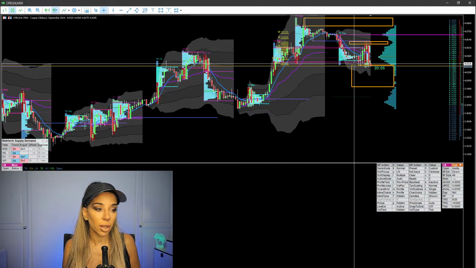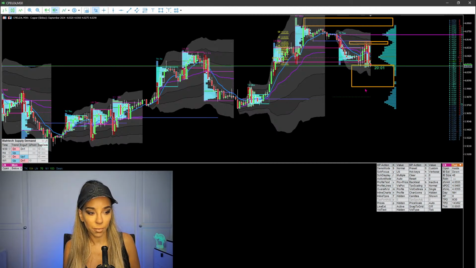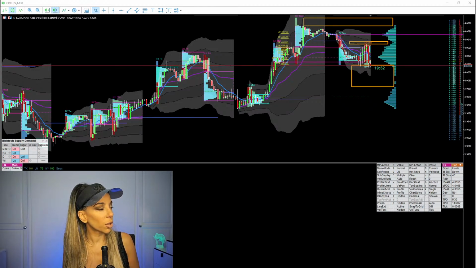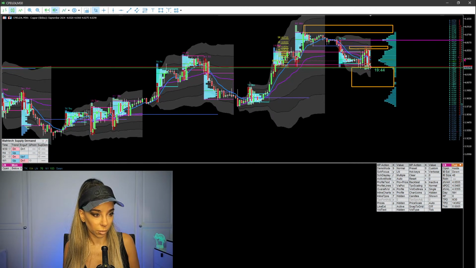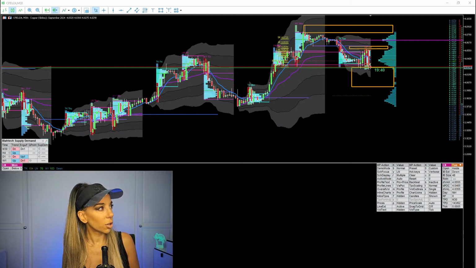So now we're tagging another area of low volume. I do have some levels further down. And I believe there was an average session range from London. Okay, let's just change this.